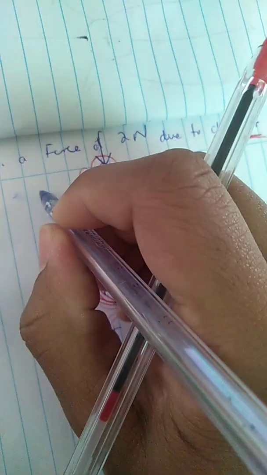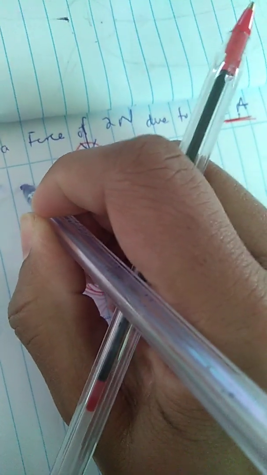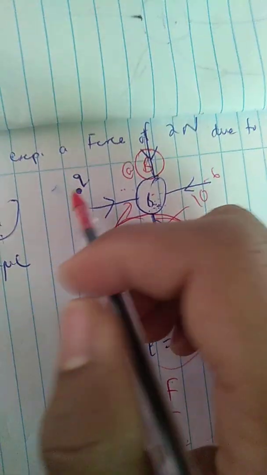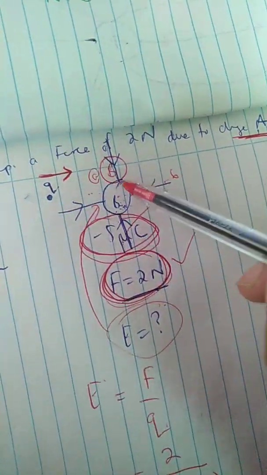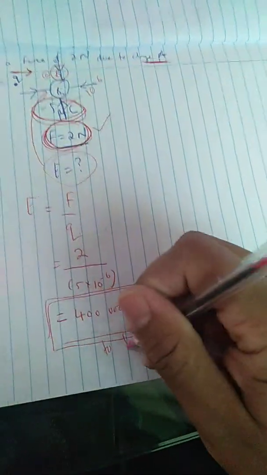If there was a small charge q there, that q would move towards the right because it's attracted towards B. Therefore the direction of this electric field is to the right.